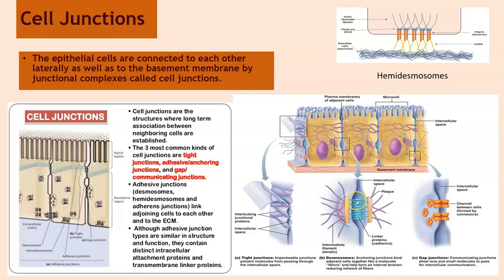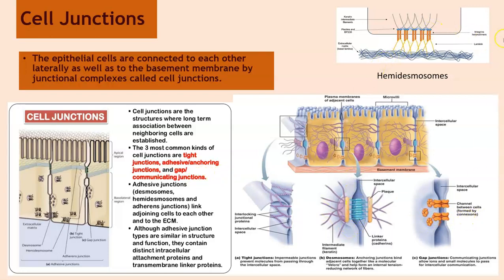They are tightly bound to one another, which are holding the two cells together. Then we have gap junctions, which are communicating junctions. Can you see here? This is your gap junction, which forms a channel between the two cells. This is basically used for intercellular communication, that is to transport substances from one cell to another cell.